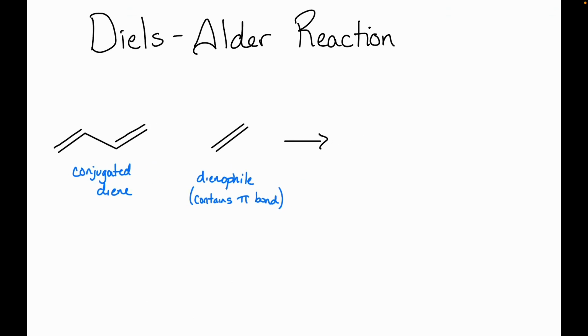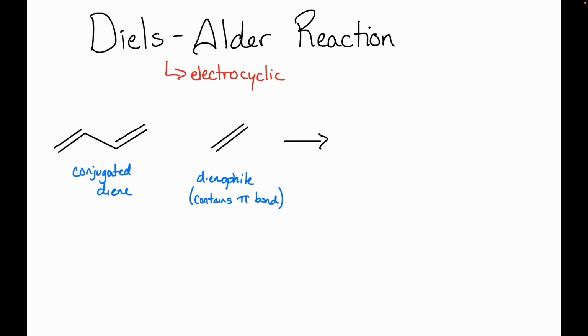Now, this is an addition reaction in the sense that I'm going to stick these two molecules together, but it's not going to look like what we're used to seeing here. These are what are called electrocyclic reactions. And when we see the mechanism here in a second, we'll understand why, all right?